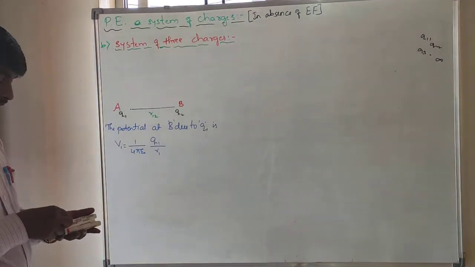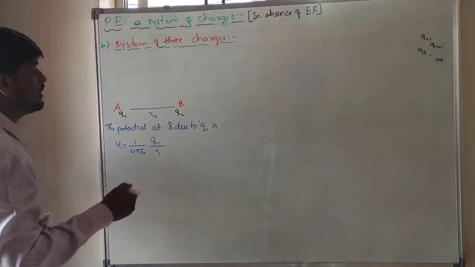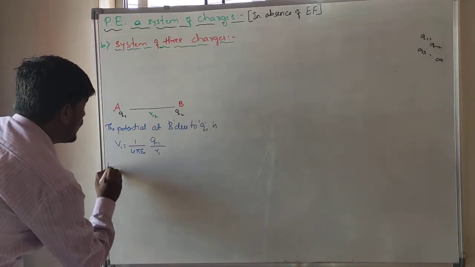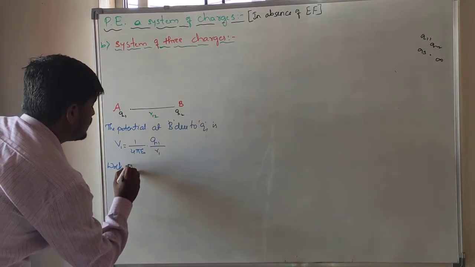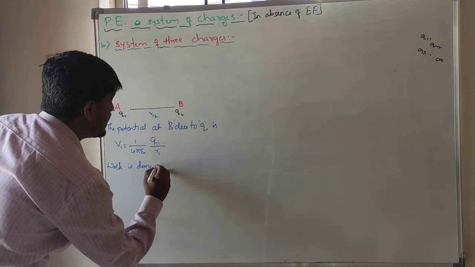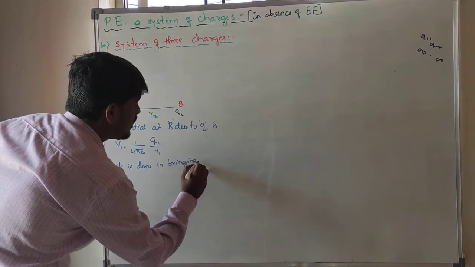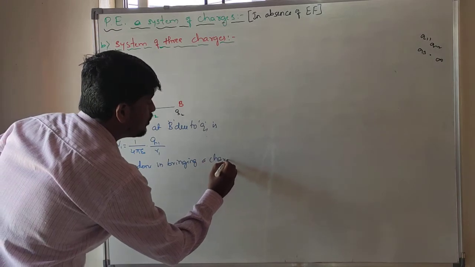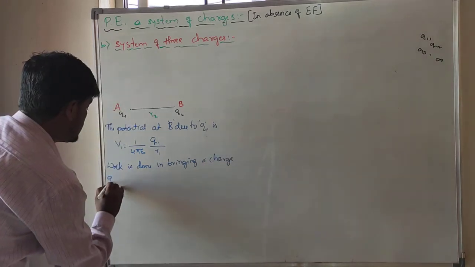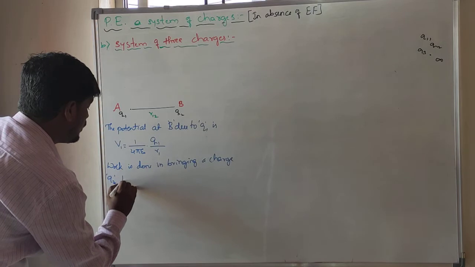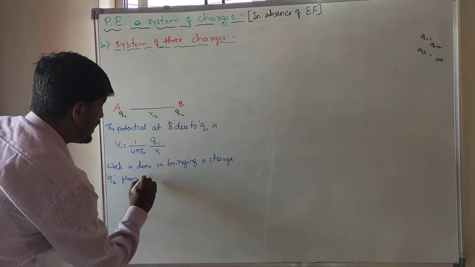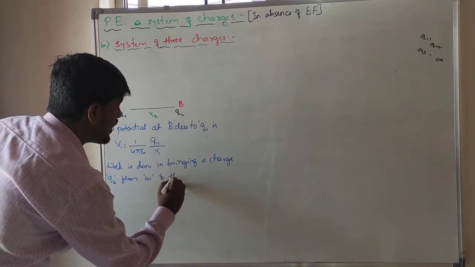What happened? Work is done in bringing a charge q2 from infinity to the point B.